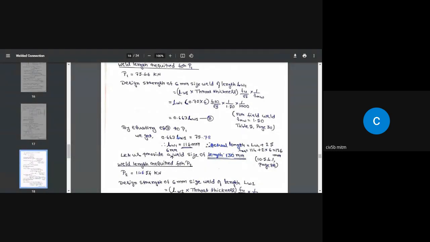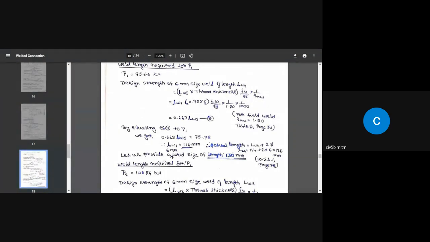So where FWN equal to FU divided by √3. Okay. So that is what I have substituted in this. This gives the design strength of the weld per unit area, that is per millimeter square, multiplied by the throat area will give you the design strength of 6 millimeter size weld of length LW1.